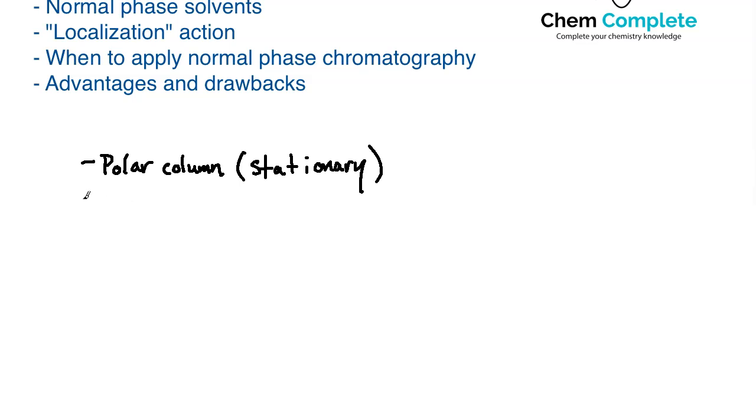Okay, now in counter to that, our mobile phase is going to mostly be comprised of nonpolar solvents, right? So this is the liquid that we will be moving through to mobilize the analytes through the column.